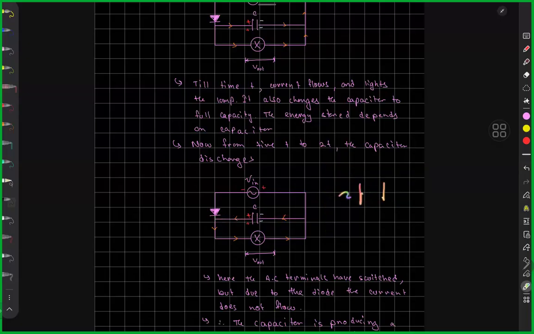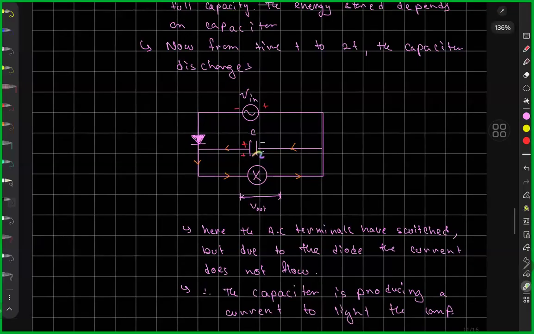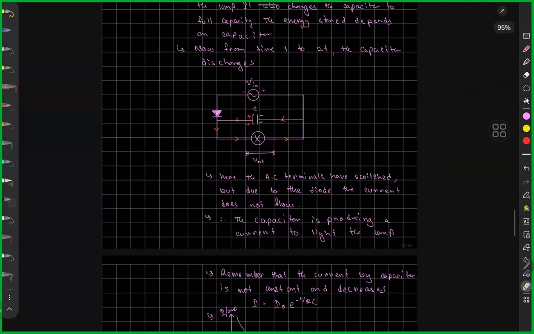Now, during this empty period that you have, what happens? As mentioned before, the capacitor discharges. The capacitor basically has a positive terminal here, and now the lamp is using the voltage of the capacitor. Same voltage. It is just that it is going to dissipate with respect to time, so the voltage of the capacitor will decrease.